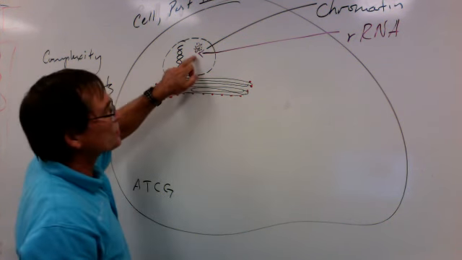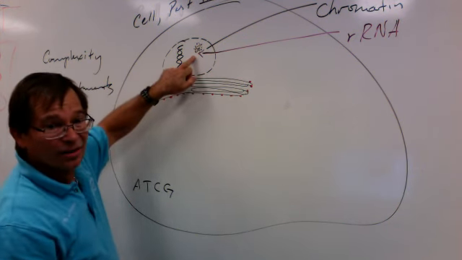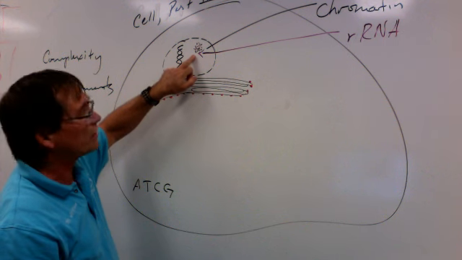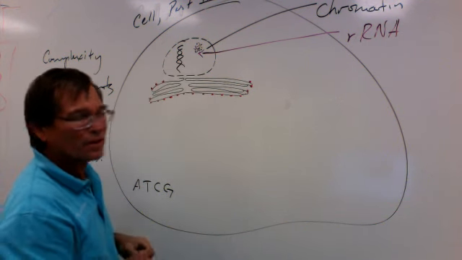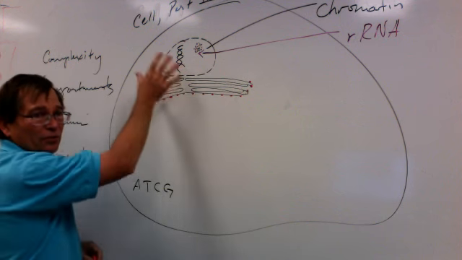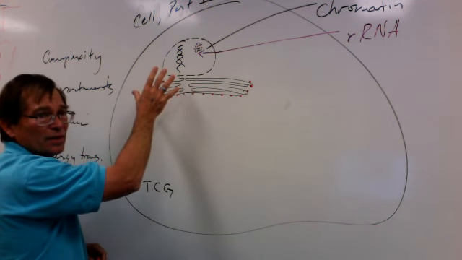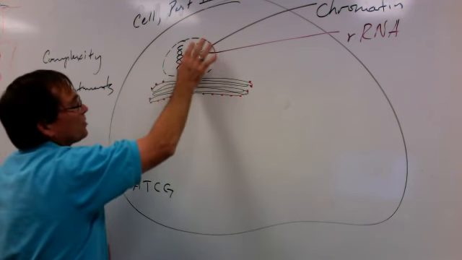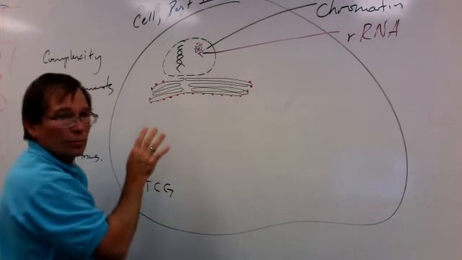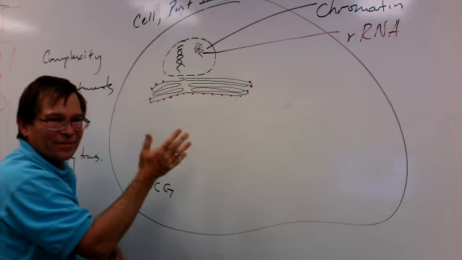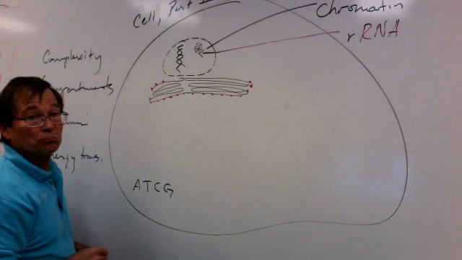And the ribosomal RNA, the rRNA, which is made in the nucleolus, combines with proteins that are produced out here to form the ribosomes themselves. So when I described this earlier as a ribosomal factory, that's pretty much correct.